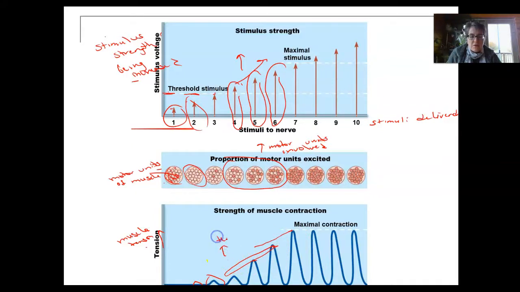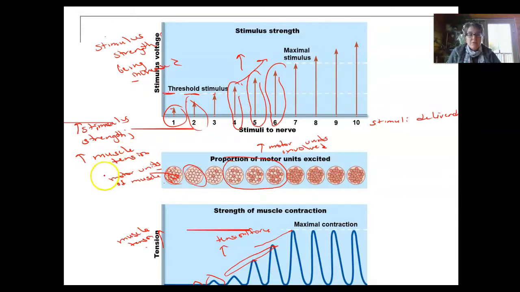So tension or force is also increasing. So what this is saying is as I increase stimulus strength, it will lead to an increase of muscle force. Well, we'll say muscle tension. More muscles being involved, it can do more stuff. It's stronger.